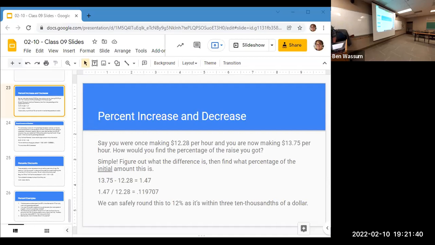So in order to find out what the difference is, you find the percentage of the initial amount this actually ended up being. And you use that same concept as before, where the percentage times the whole would equal the part. If we had solved that for the percentage, we would have that the part over the whole would equal the percentage, right?